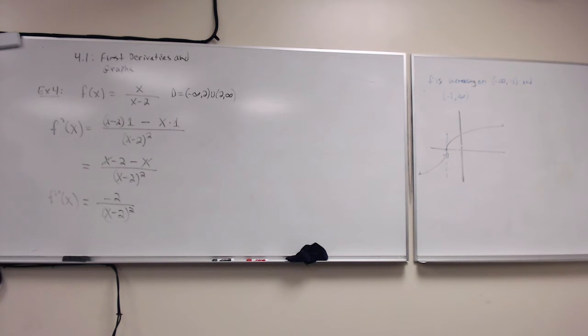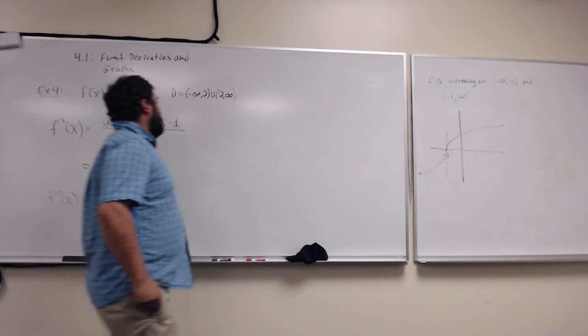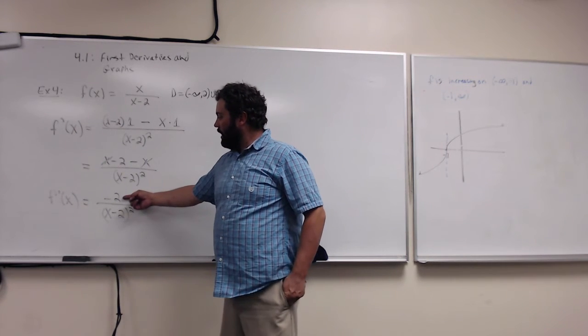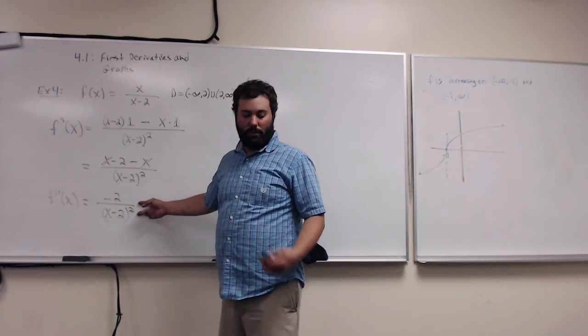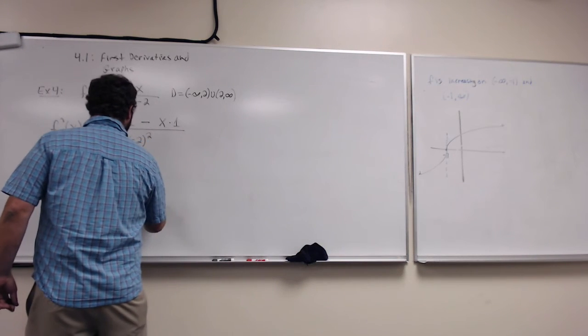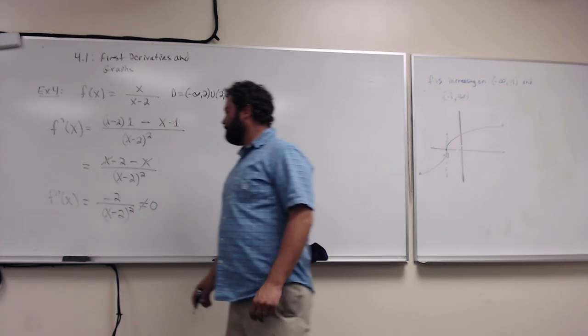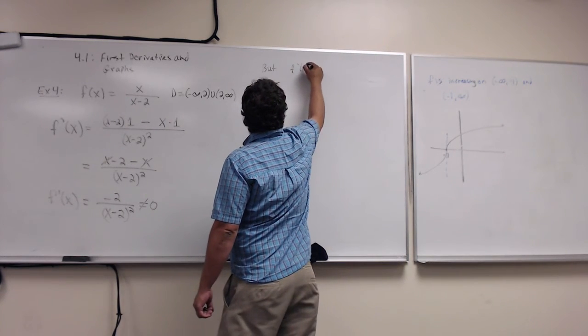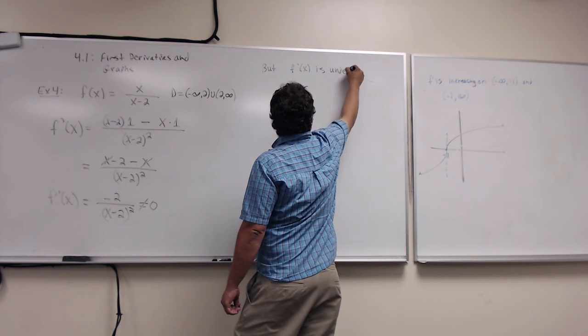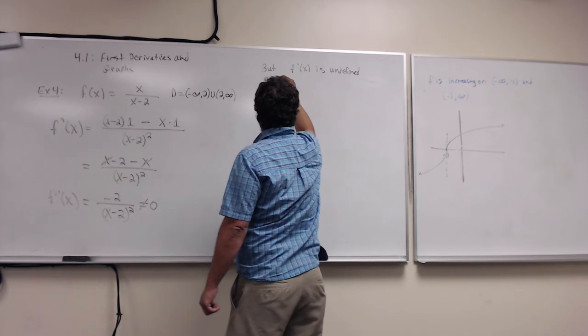Okay. Now, again, since the numerator is just a constant, will this ever equal 0? Okay, so the derivative will never equal 0. But f prime of x is undefined at what value? 2.